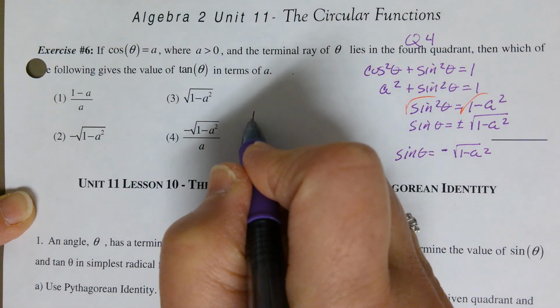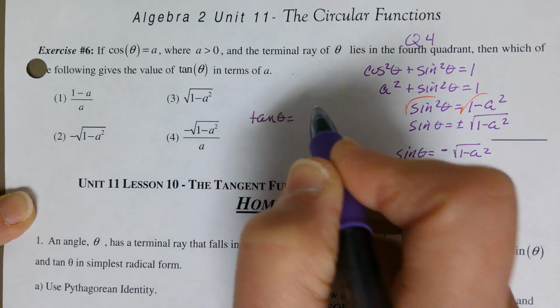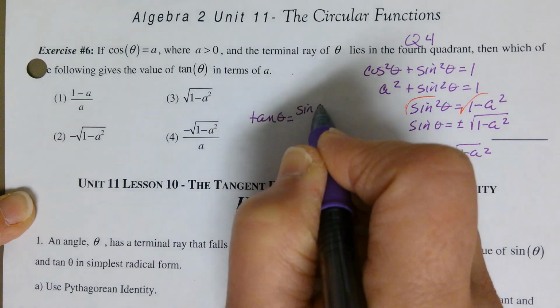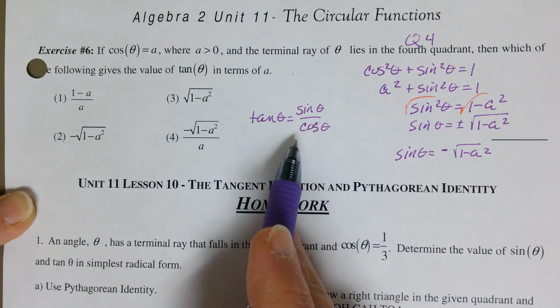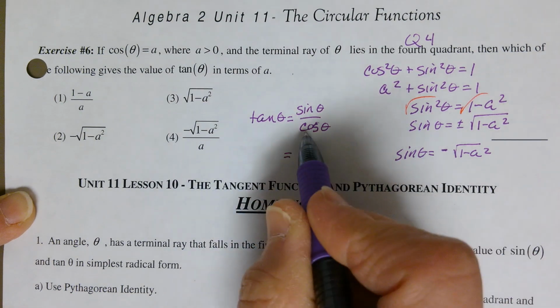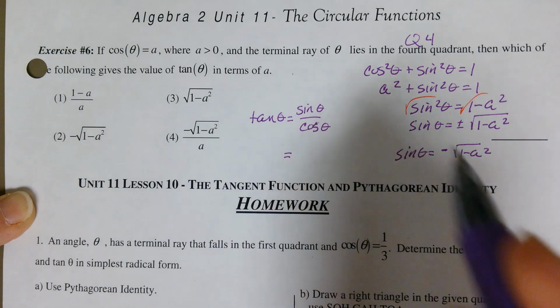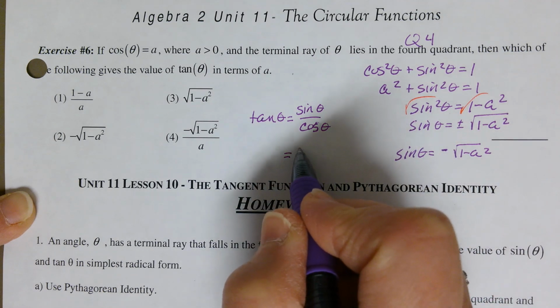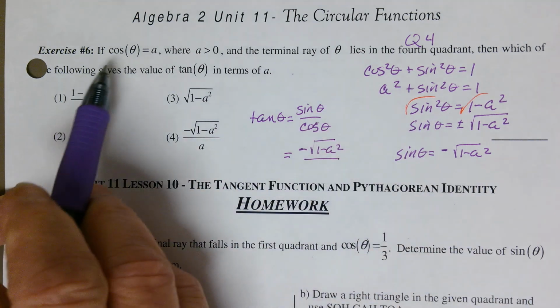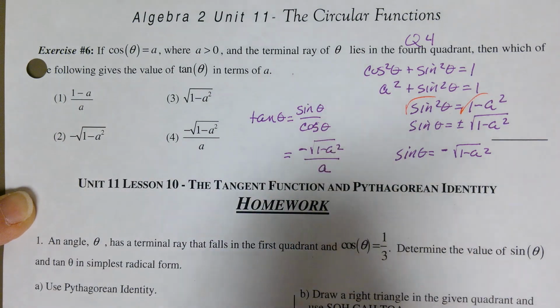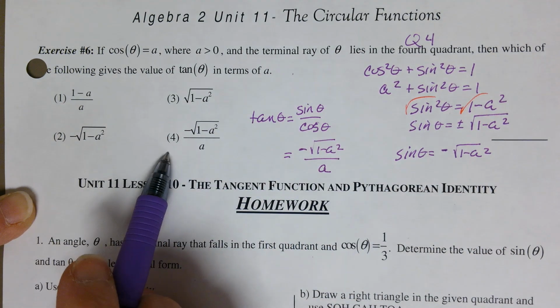Tangent of theta equals sine over cosine. You have to know that. Memorize that. So we have tangent theta equal to negative square root of 1 minus a squared over a, since cosine theta was a, which matches choice 4.